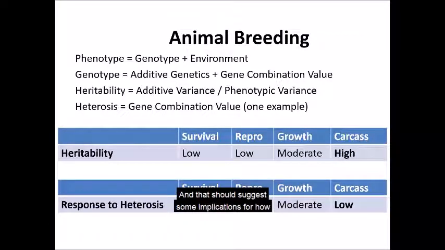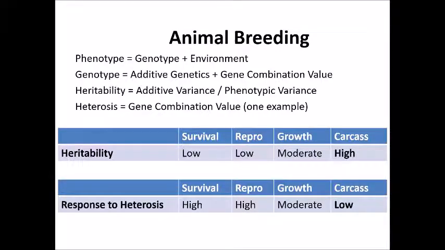And that should suggest some implications for how to improve carcass traits in a selection and breeding program. Having a high heritability, they're going to have a high response to selection. Having a low response to heterosis, they're going to have a low response to crossbreeding.